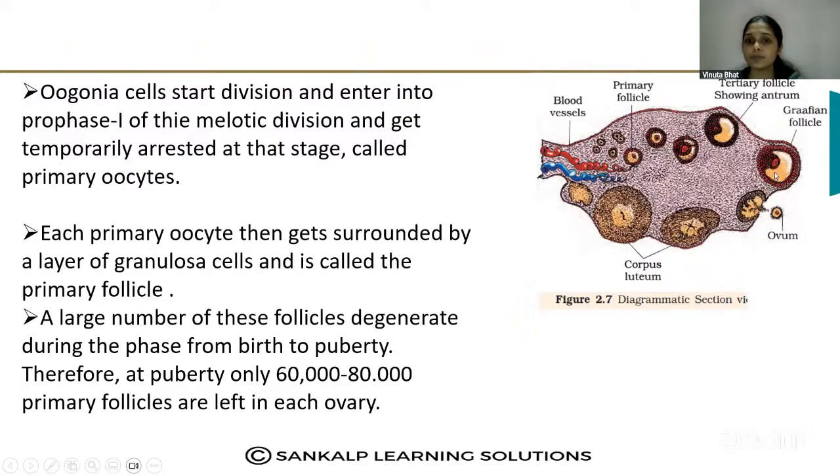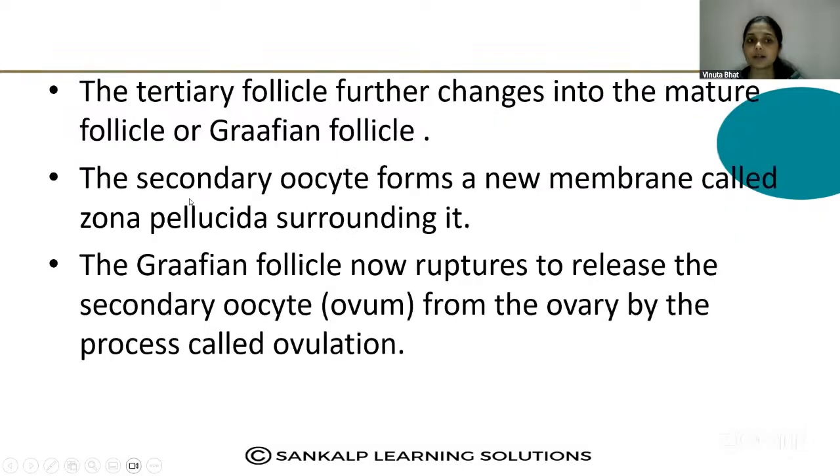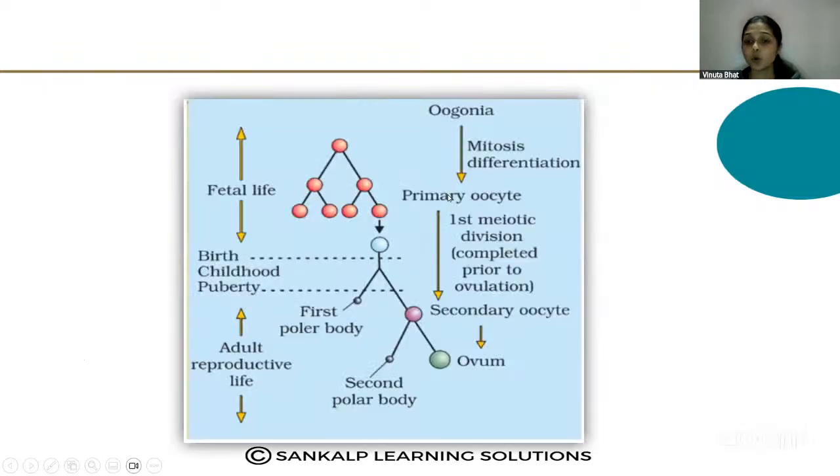When the Graafian follicle matures, the secondary oocyte is released from the ovary. The secondary oocyte forms a new membrane called the zona pellucida surrounding it. The Graafian follicle ruptures and releases the secondary oocyte, and that is the process of ovulation.